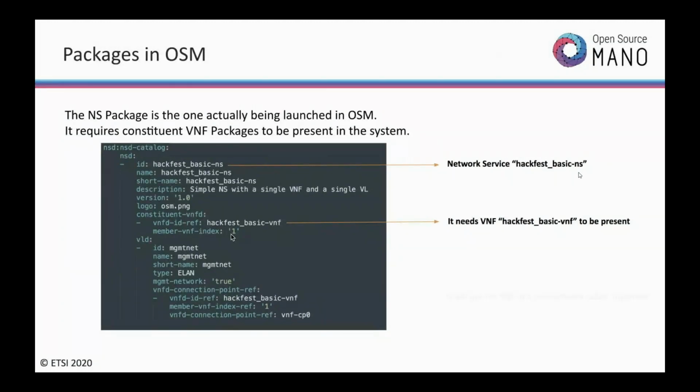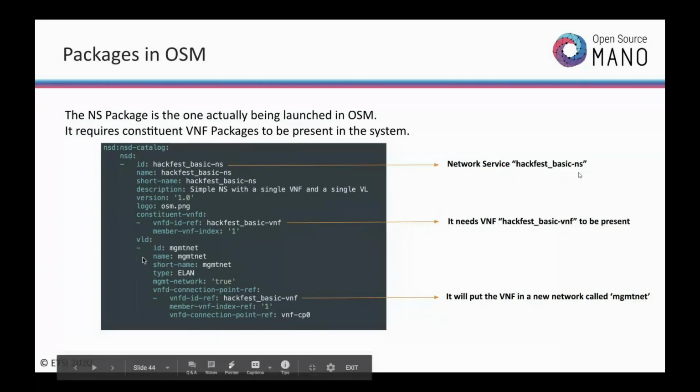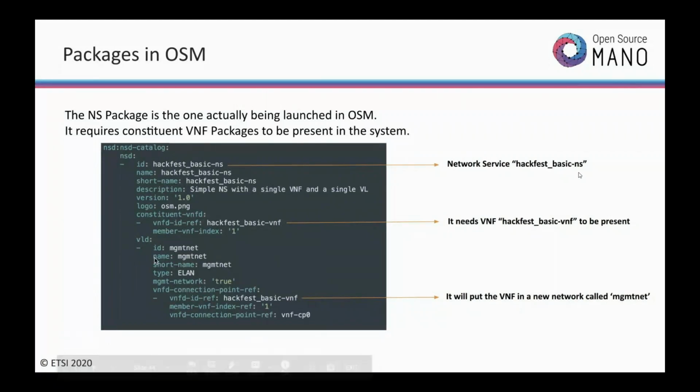And then we have the VLD part, which is the virtual link descriptor. And as you know, in YAML, these dashes are lists, right? Elements of a list. So how many VLDs do we have? We have 1, because we have just 1 dash.